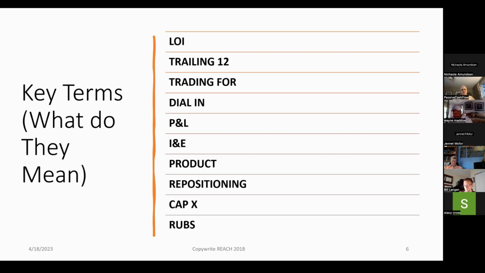Repositioning is the word we use in commercial for rehabbing, right? So when I am repositioning a property in commercial, I'm typically talking about rehabbing. But unlike residential, repositioning can also mean that I'm trying to change the tenant base.